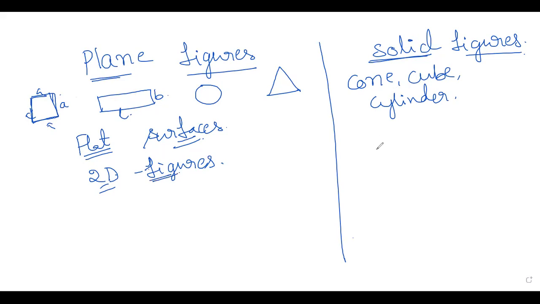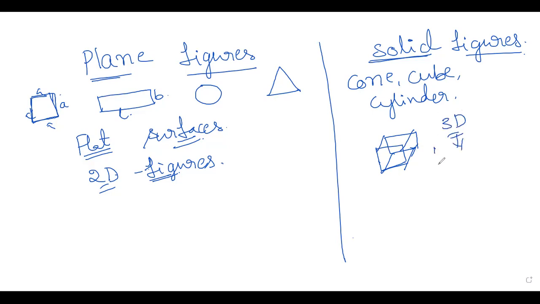And for solid figures, for example, take a cube or cuboid. For example, if you take a classroom or your house, it is like a cuboid shape, right? And you can measure, see, these are called 3D figures.